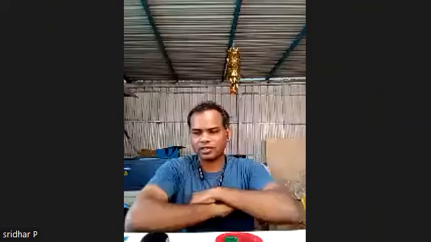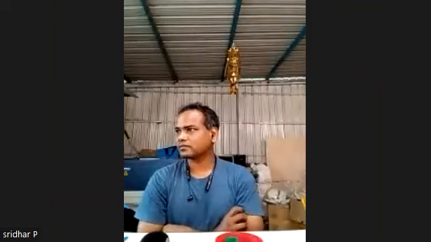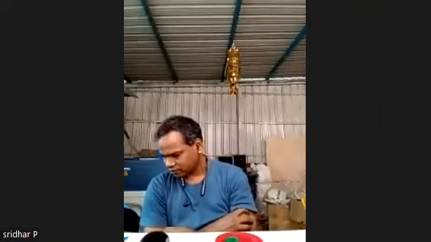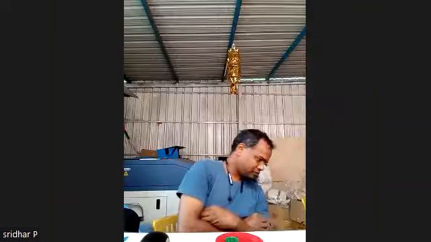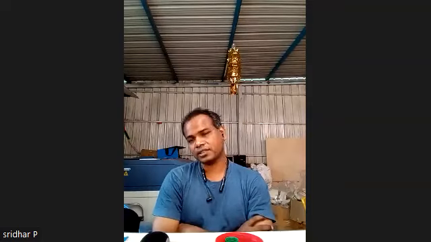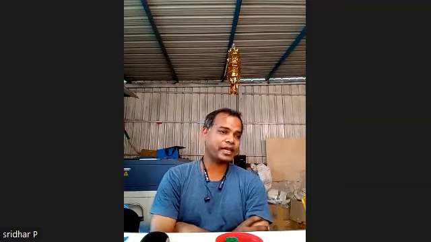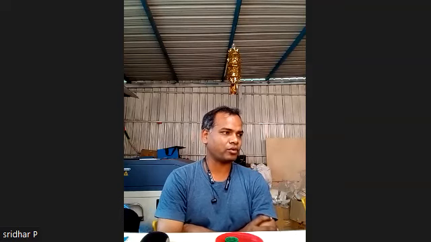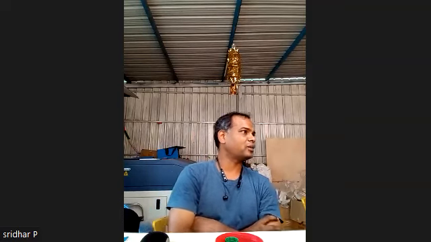Sorry, Siddhant, can you repeat? When we add one more magnet with a cap, it will be a square or rectangle. Yes, it might become a square. Later on, suppose I add one more magnet, what might happen?